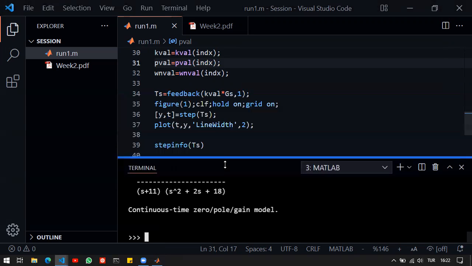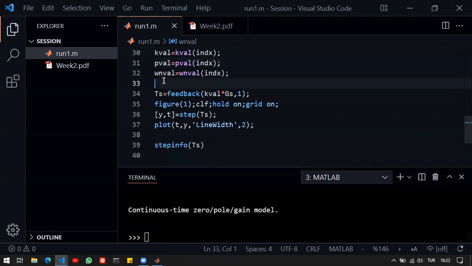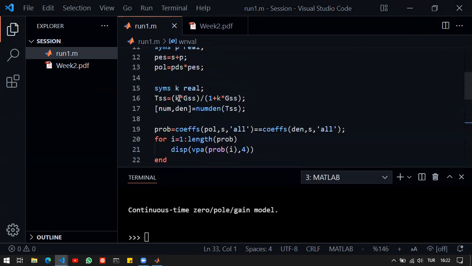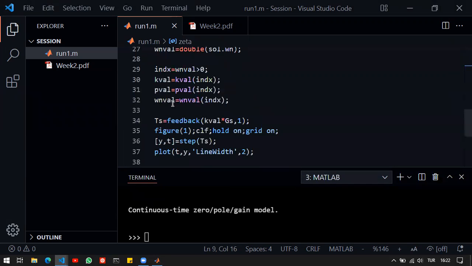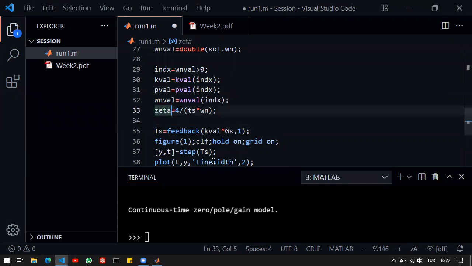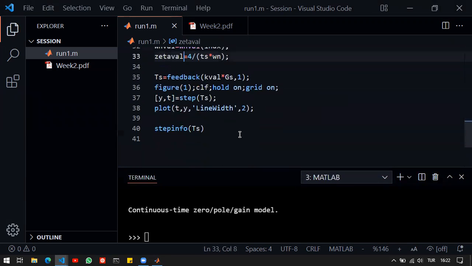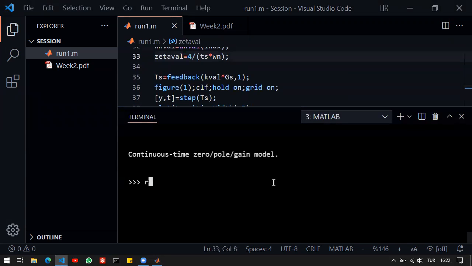Now, what I can do is, since I know that omega n val is a certain value, and I know that due to the settling time requirements, we had the zeta omega n multiplication equals 1. So let me pull this equation here to calculate zeta. So let's run again.